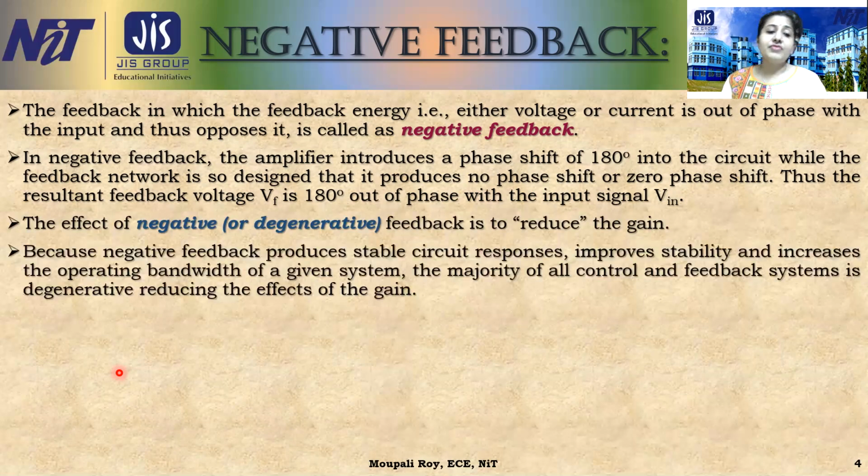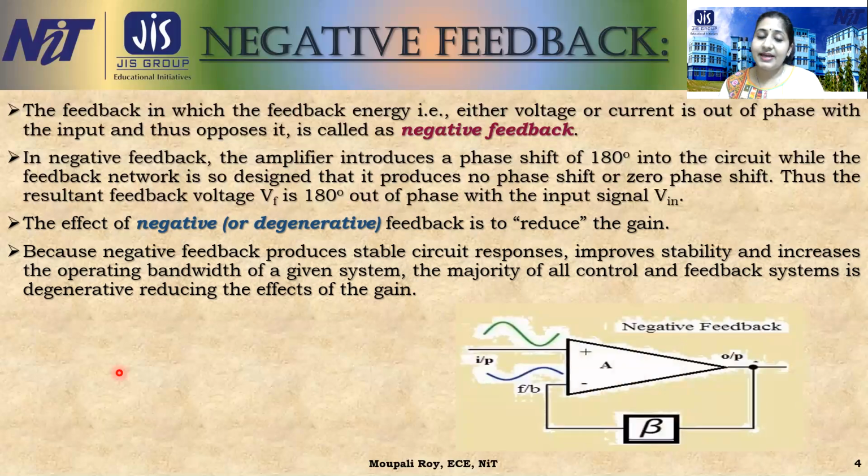Because negative feedback produces a stable circuit response, it improves the stability and increases the operating bandwidth of a given system. The majority of all control and feedback systems are degenerative, reducing the effect of the gain. So this is the block diagram of negative feedback.